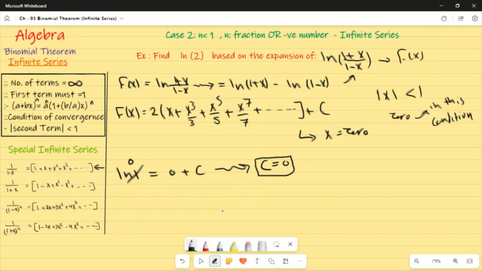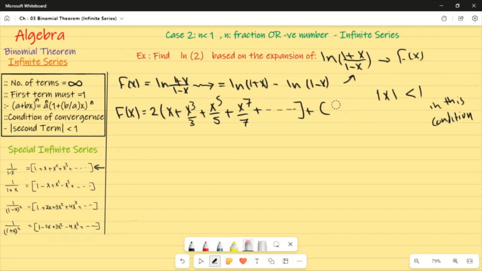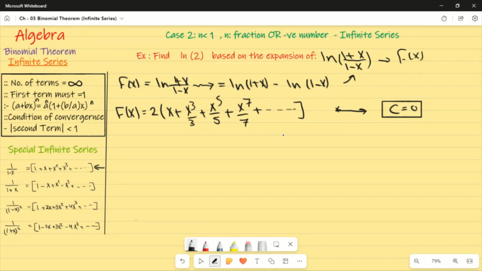Let's rewrite this here with the constant equal to 0 and find ln 2 from this expansion.